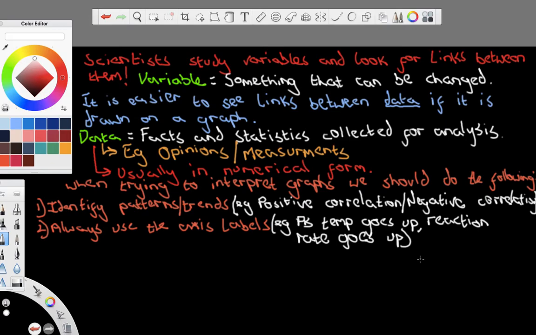Okay. The third thing you need to focus on is you need to point out defining features. So number 3, point out defining features.